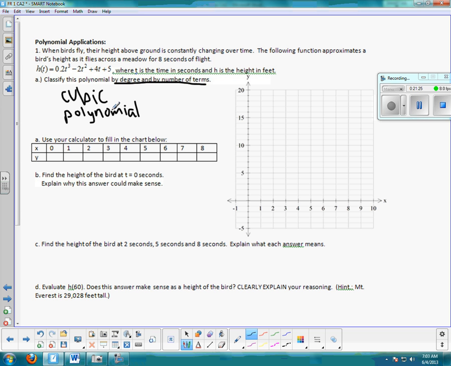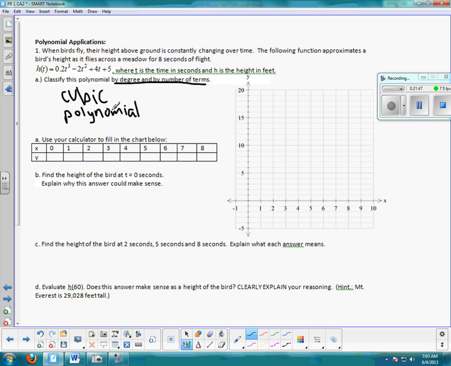All right, so then we put this into our calculator in y1. So I have 0.2x cubed minus 2x squared plus 4x plus 5. And then to fill in this table, I literally went to second table.